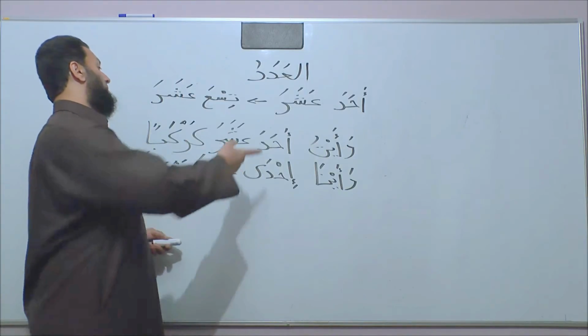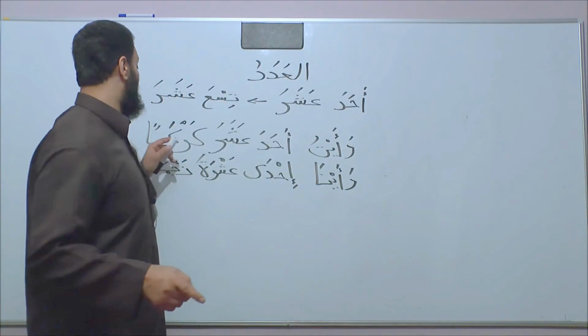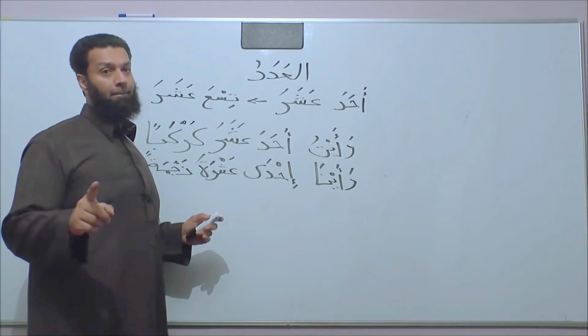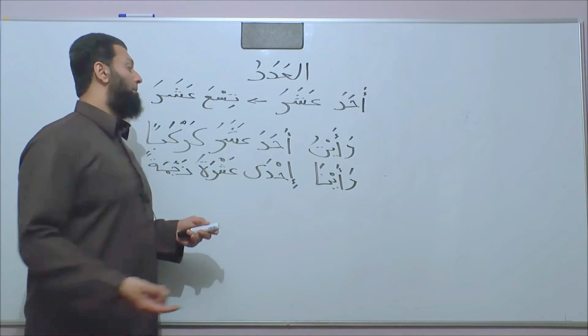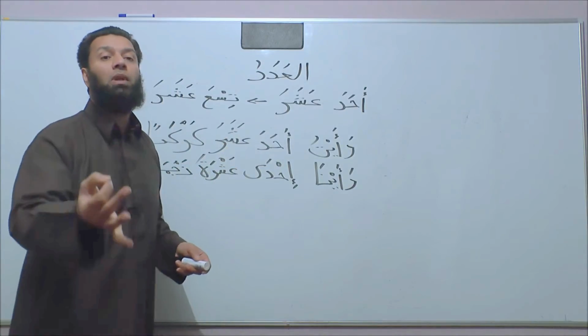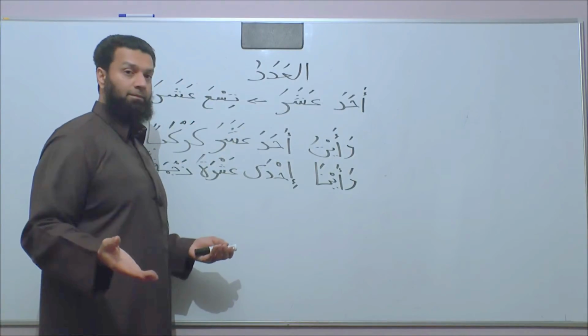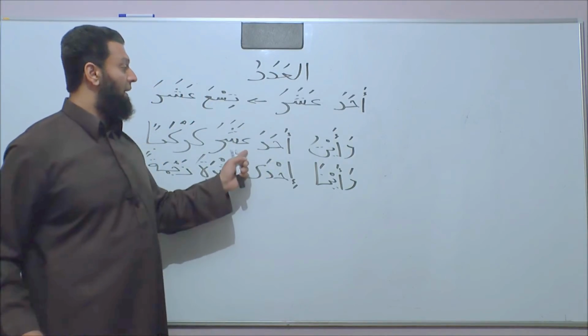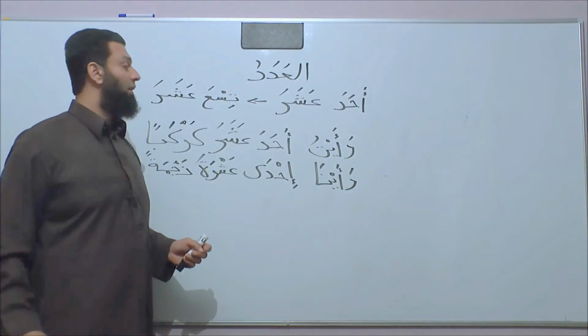As I said, both parts of the number are in agreement with the counted noun in gender. Similarly, both parts of the number are mabniyun. They're fixed. They don't change. So here it's the fi mahalli nasbin maf'ulun bihi, right?